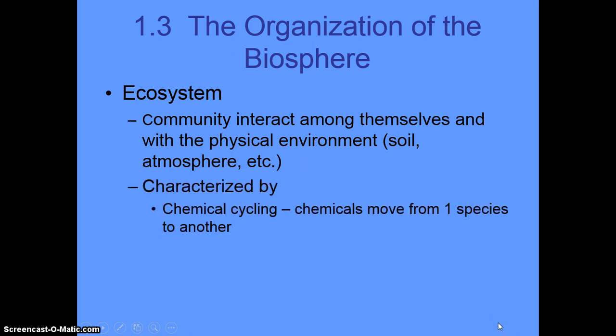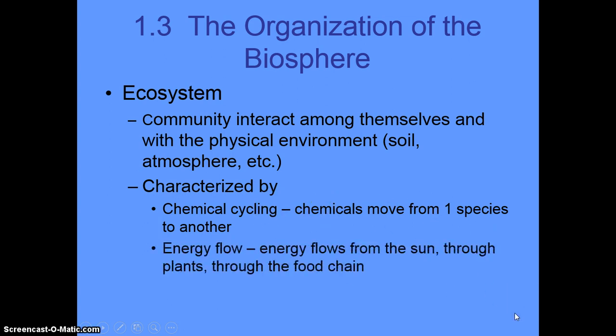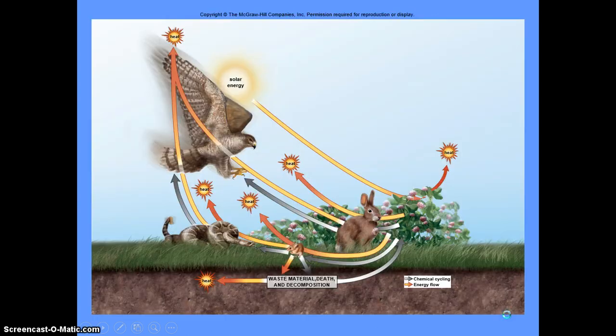We characterize ecosystems by chemical cycling. Chemicals move from one species to another. And energy flows from the sun through the plants through the food chain. And this is an example of what we would see as an ecosystem. And we see the flow of energy from the sun to the plants. Of course, every living thing gives off heat in some form, and that energy is transferred to heat and to the organism that consumes it.